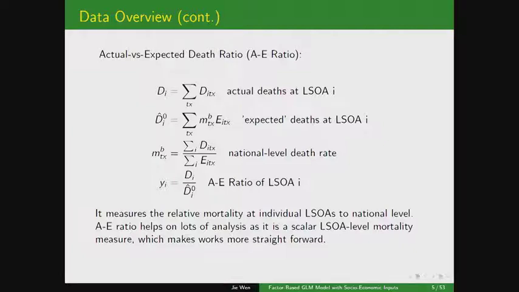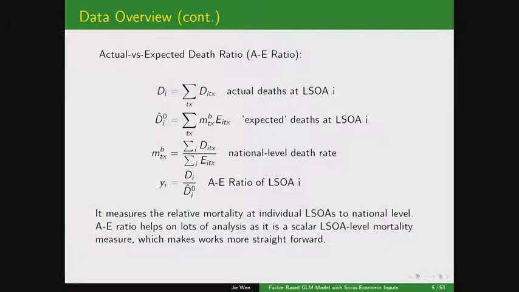First, we calculate the total number of deaths at LSOA i by summing over a specific age and year range, which is D_i. And D hat 0 i means the expected deaths at LSOA i, which is calculated by a common mortality matrix, m_bar(t,x), times the exposure size, and summed over a specific year and age range again.